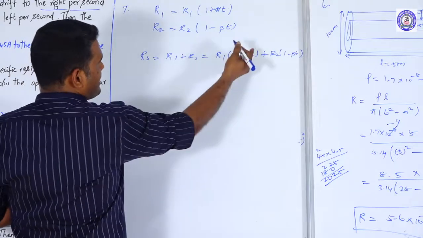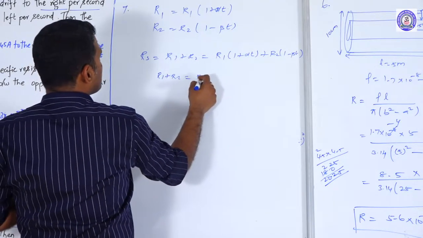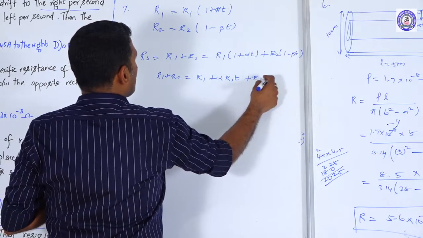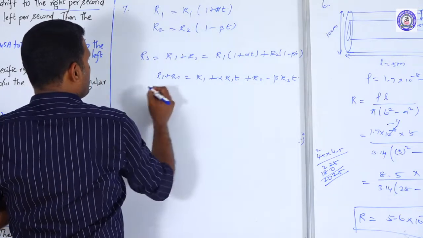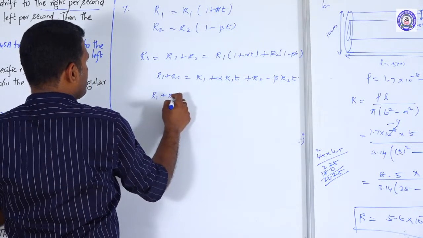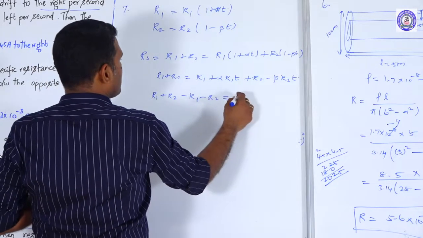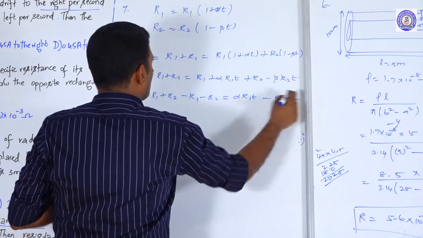So temperature is not changing. R1 plus R2 equals R1 plus alpha R1T plus R2 minus beta R2T. R1 plus R2 can be taken to this side: minus R1 minus R2 equals alpha R1T minus beta R2T.